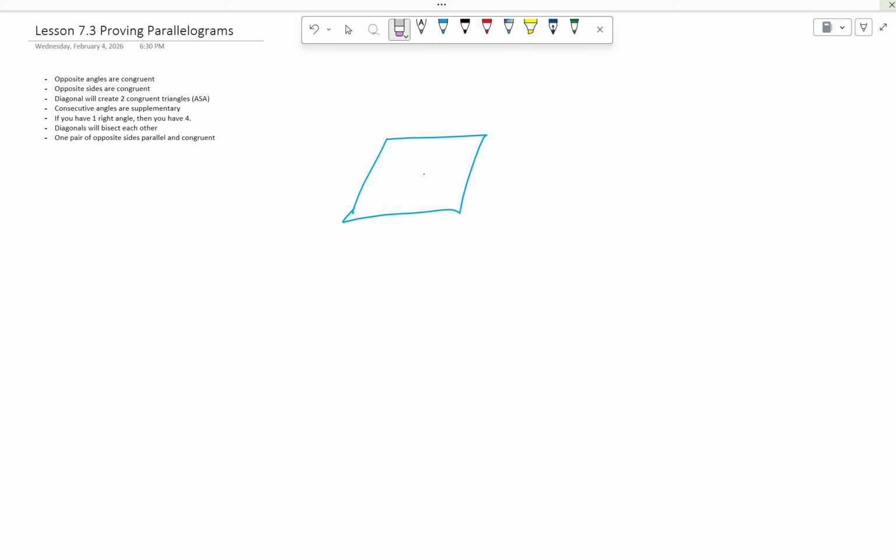Another way to think of this is regarding diagonals bisecting each other. That's going to say that with these diagonals, there will be a midpoint at that intersection for both of those diagonals.